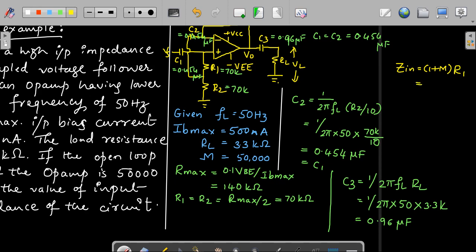So this is 1 plus 50,000, which is 50,001, into R1, where R1 is 70 kilo ohm.